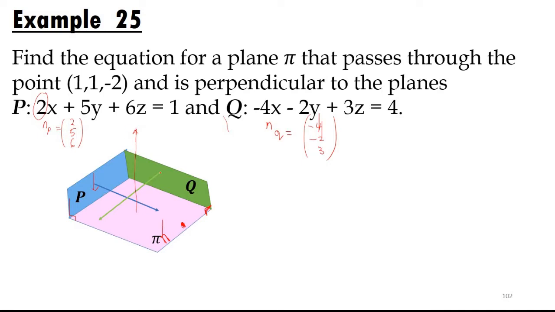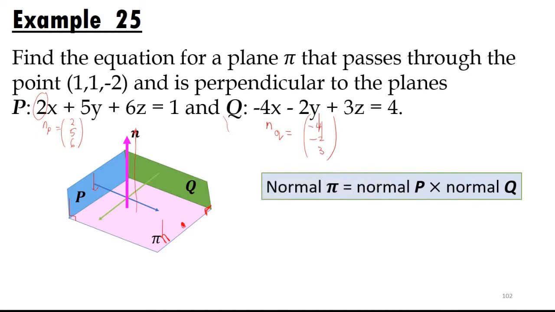Saya boleh crosskan line biru dan line hijau, dan saya akan dapatlah normal untuk pink yang bawah tu. So, maksudnya awak kena crosskan. Sebab bila kita crosskan, kita akan dapat satu vektor yang perpendicular dengan both line tu. Which is dia akan jadi normal kepada pink. Okay, plane pink tu. So, kita crosskan normal P cross dengan normal Q.